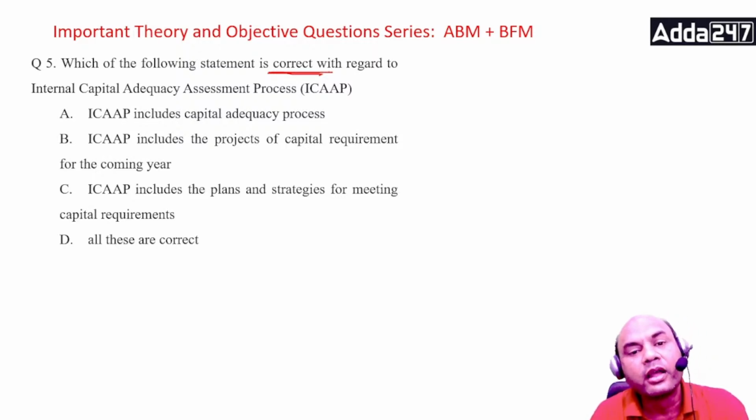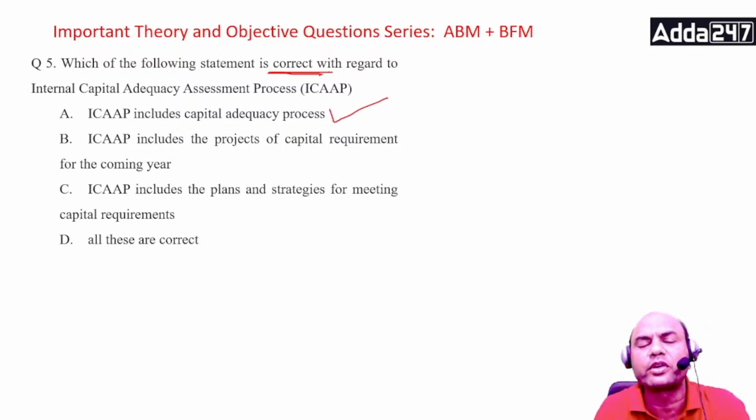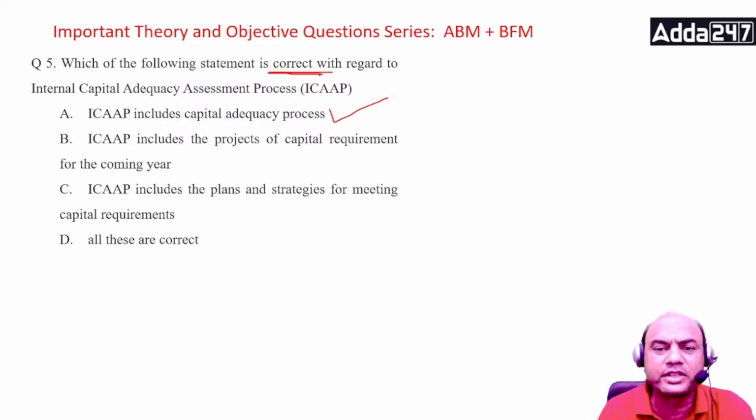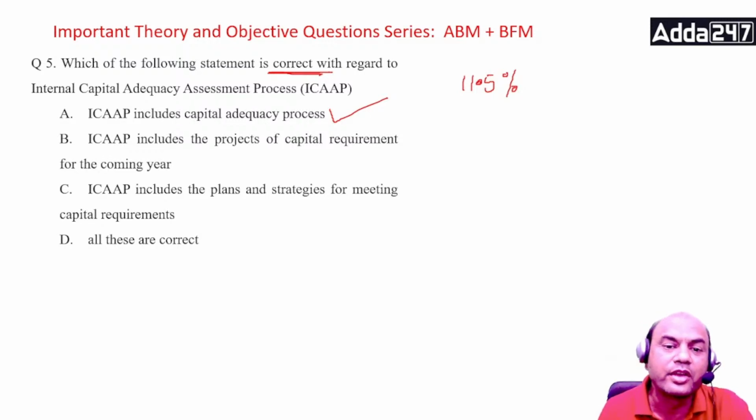Here, always remember, we want the correct statements. ICAAP will always include this capital adequacy process. Capital adequacy means your CRAR should match whatever the given CRAR is, generally 11.5% now. That is 9 plus 2.5, the 2.5 being the capital conservation buffer, so 11.5. So it must surely be there. ICAAP should definitely ensure your CRAR sticks to the given norms.